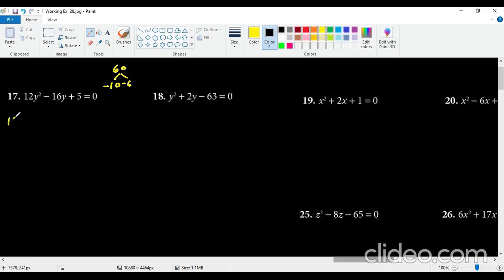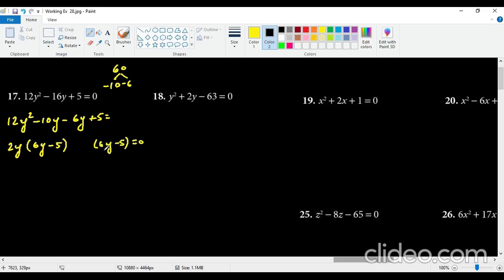I will write 12y square as it is, plus 5 as it is, and minus 10y and minus 6y this way. In here I can see for question number 17, I know very well that 2y is the common factor between them. So 2, 6 is a 12, and minus 5 is the first factor, and 6y minus 5 in another bracket.